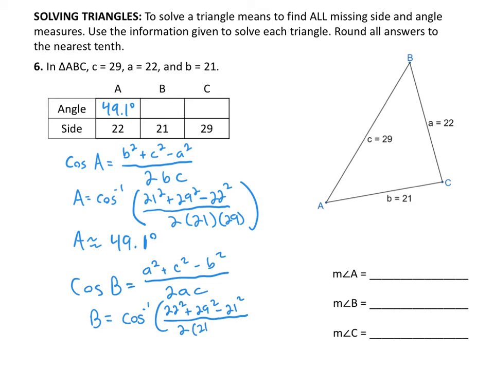Oh, I mean 2 times a. Okay, 2 times 22 times 29. I'll put that in the calculator. The solution is 46.148, so 46.1 degrees.